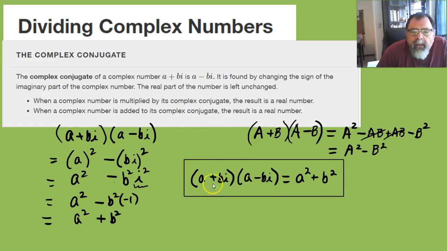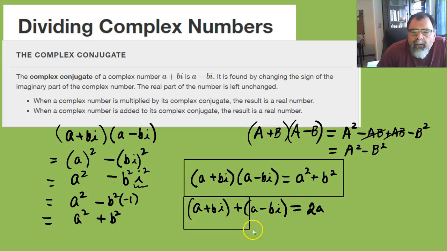And then on the second part, if you added a plus bi plus a minus bi, you drop the parentheses, you get a plus a is 2a, and then the plus bi minus bi cancel. So you get just a nice real number there again. Okay, so that's those two points there.